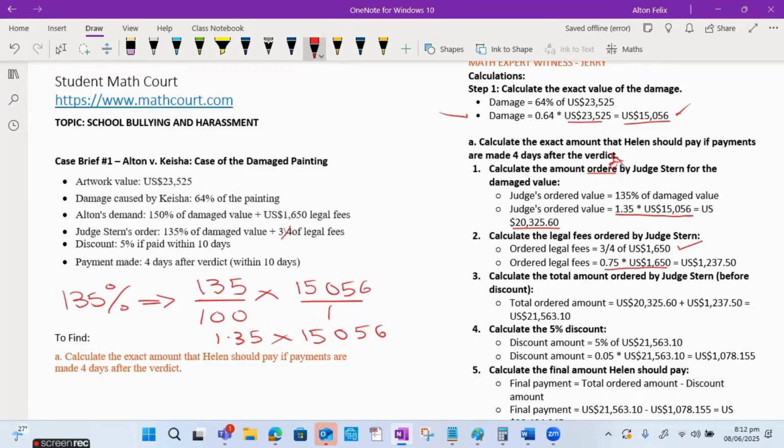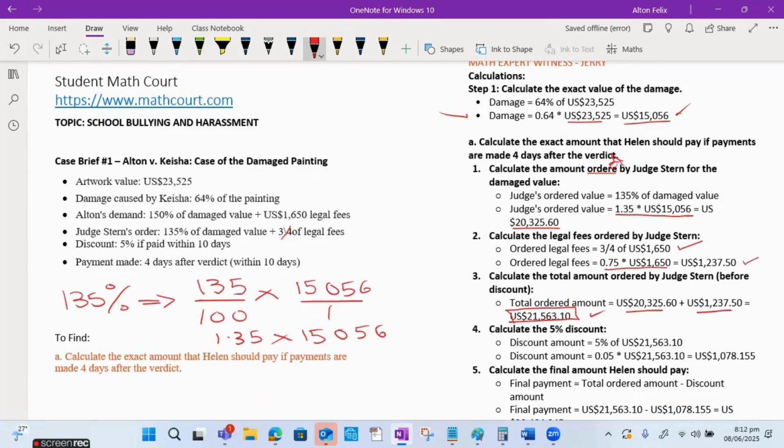That is a total of 1,237.50 plus the $20,325.60, which gives us $21,563.10 that Helen is responsible for paying.